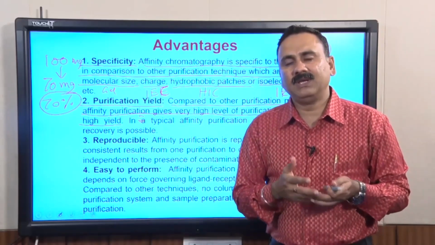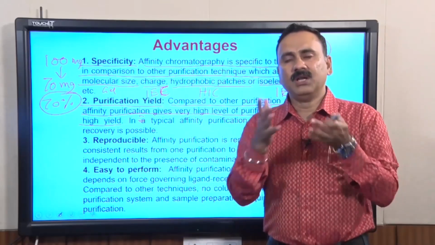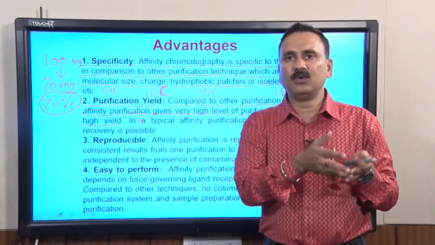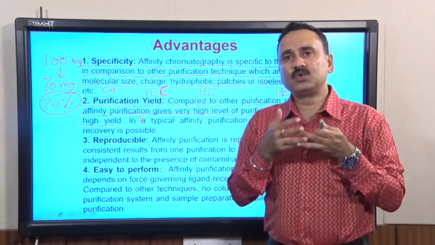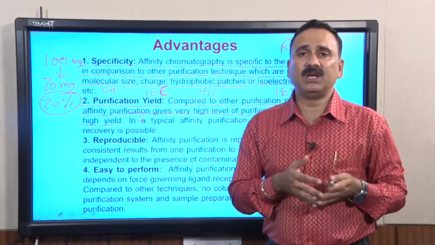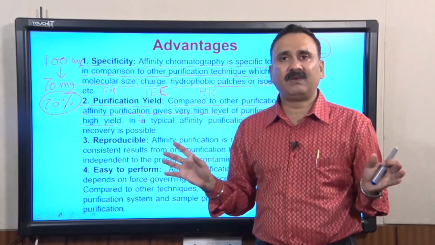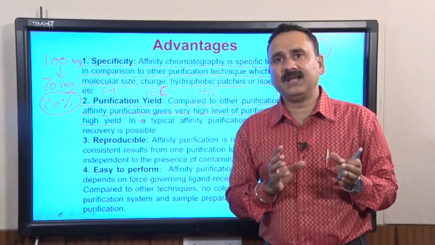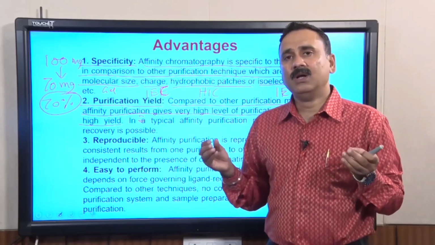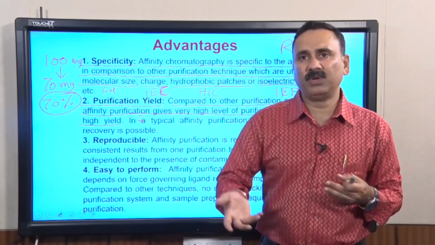For example, if you use ion exchange chromatography, when you put the elution, the protein of your interest as well as the impurities are going to be removed, and then you have to choose the fractions where the impurities are less and your protein is more. In this process, some of the fractions where your protein is less but the impurities are more, you have to discard. You should not include those into the subsequent purification steps.